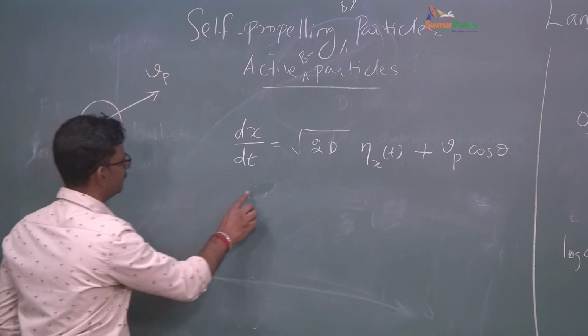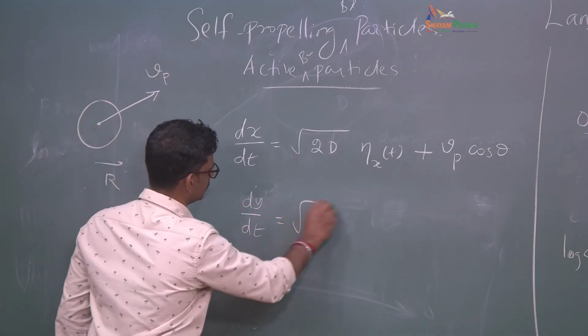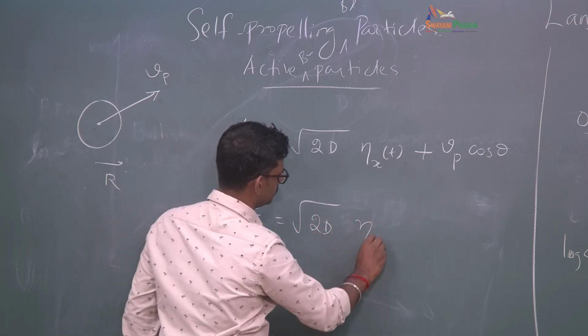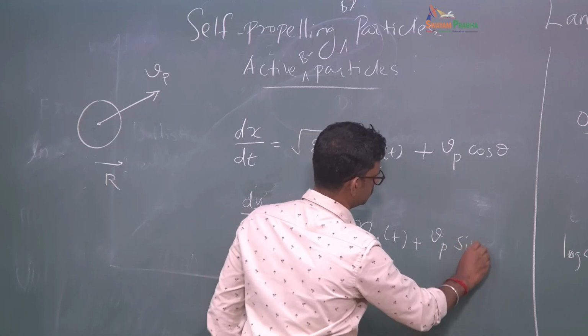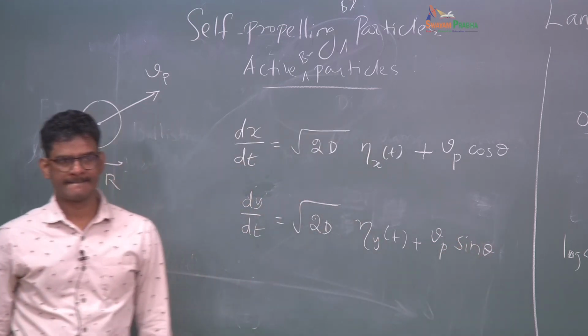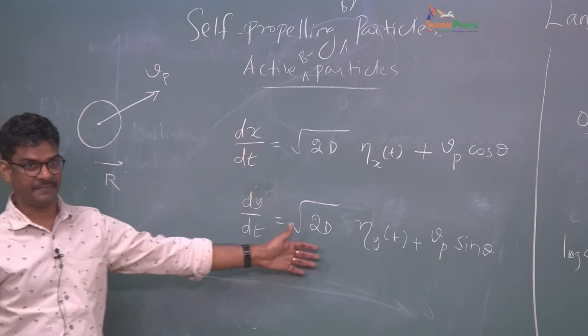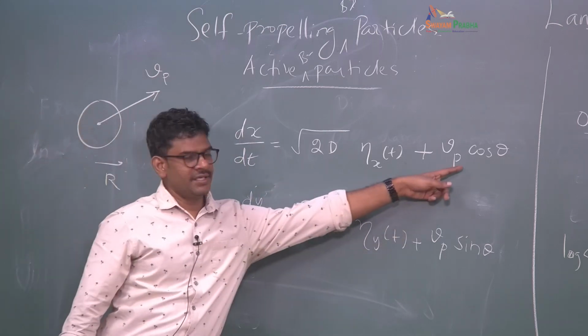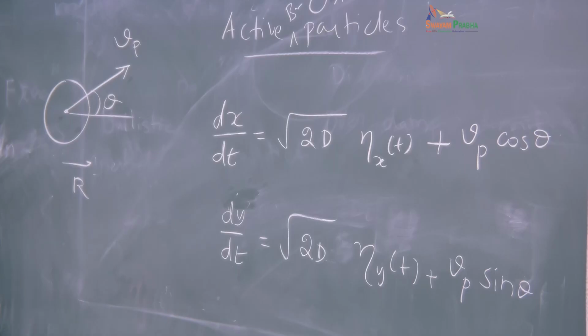Similarly, the y coordinate of this has Vp sin theta. So these equations tell you how x and y will evolve in time, but the theta here is the one that tells you about this orientation with respect to, let's say, the x axis here, and this also is a random variable.